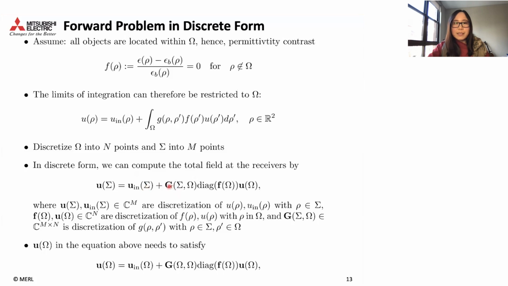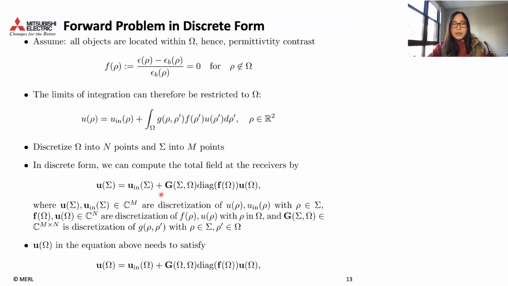And then this is a matrix representation for this Green's function. And then this diag means I put this vector into the diagonal of a diagonal matrix, which essentially just means the pointwise multiplication between F and U for this part, which is the discrete representation of this part. So this would be the field or the data that we collected at our sensor positions.